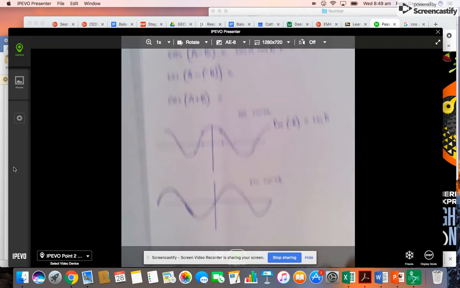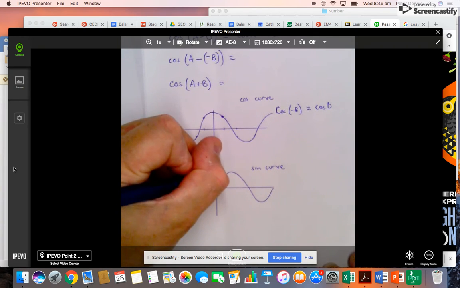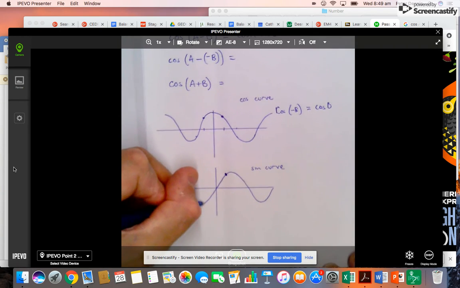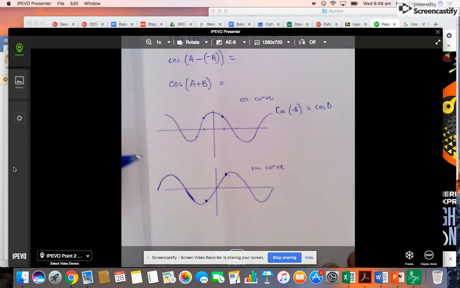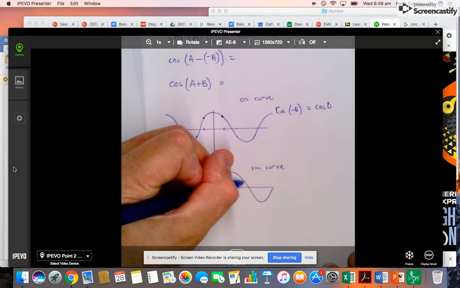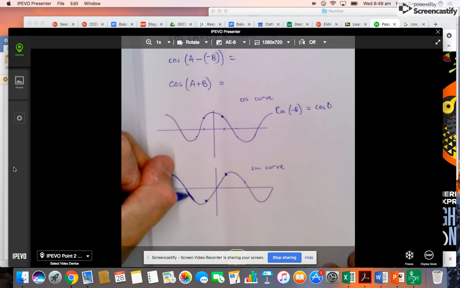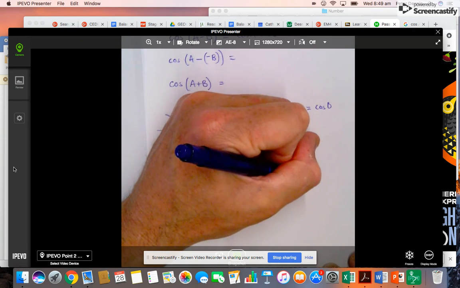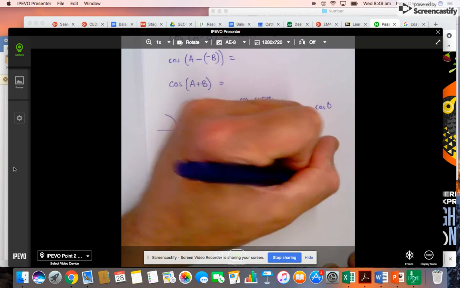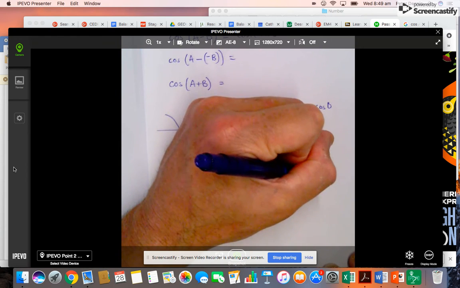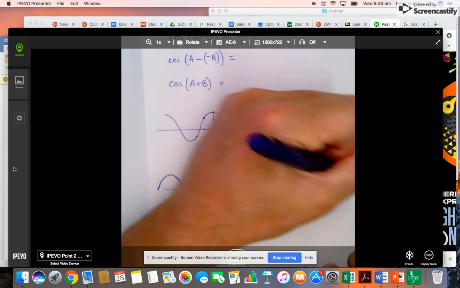And what do we know in the sine curve? Well, if this is B and this is the sine of B, then this is the sine of minus B. So in the sine curve, it's the opposite. The sine of minus B equals minus sine B.